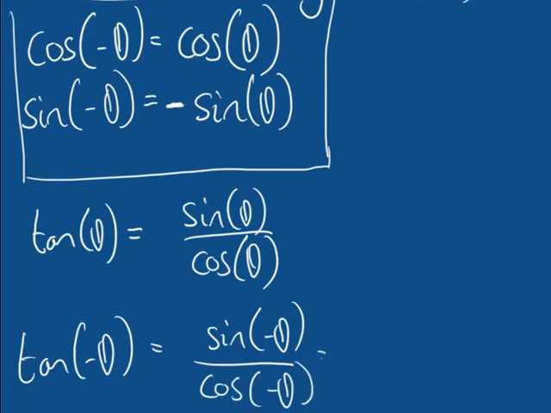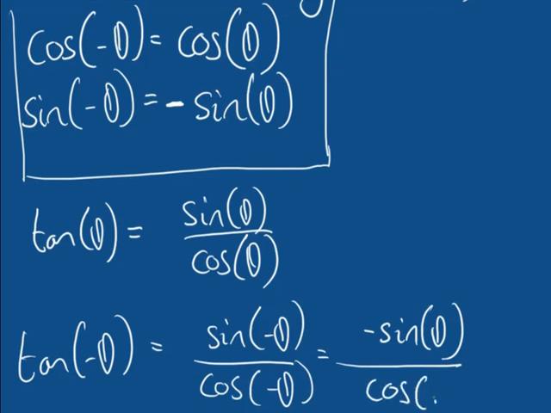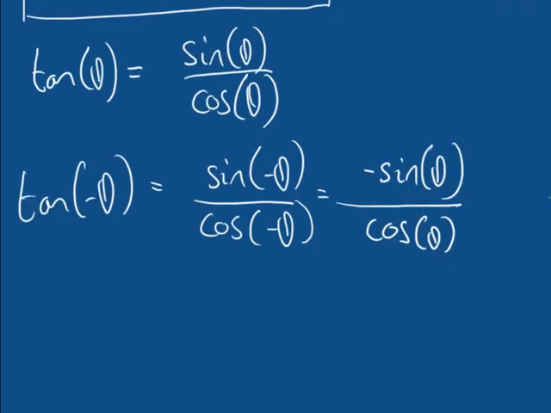Now, I'm not going to scroll down here so we can actually see our relationships up here. So we saw the sine of a negative angle is equal to minus the sine of that angle, so minus sine theta. And we saw the cosine of a negative angle is the same as the cosine of that angle, so this is equal to cosine theta. Fantastic.